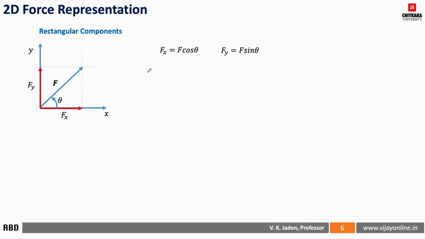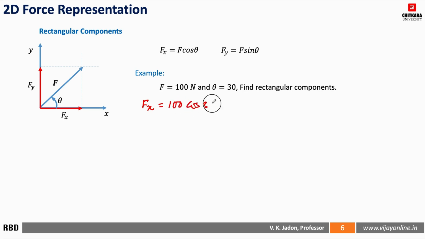For example, if we have this force F as 100 Newton and theta is 30 degrees, we can find the value of Fx is equal to 100 cos 30 and the value of Fy is 100 sin 30.